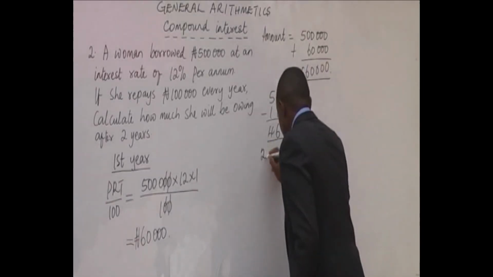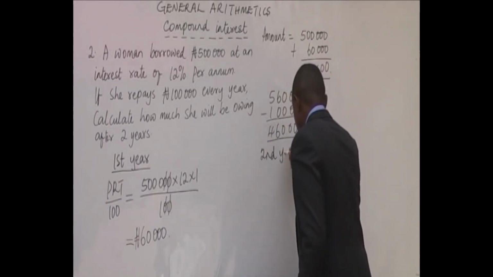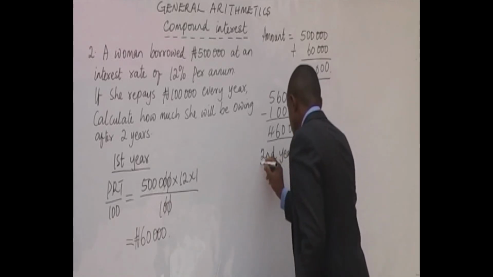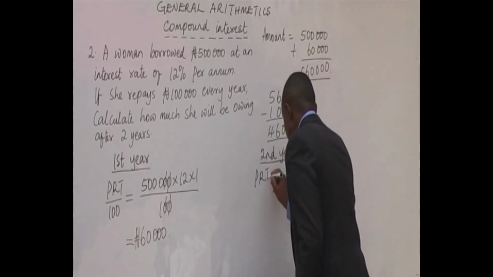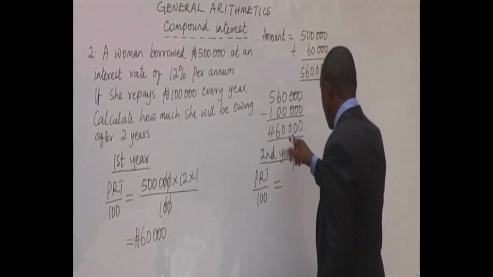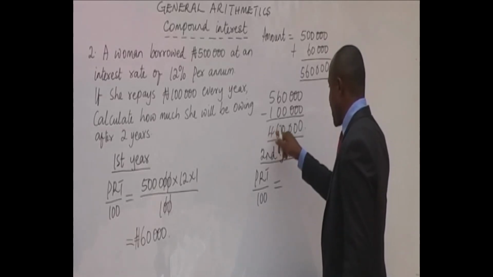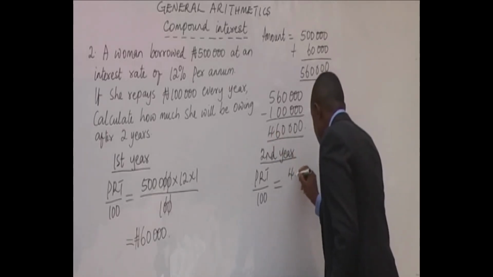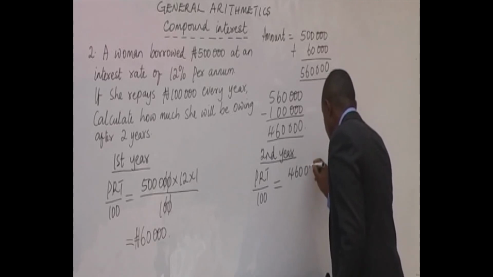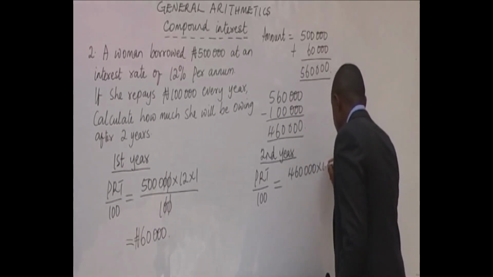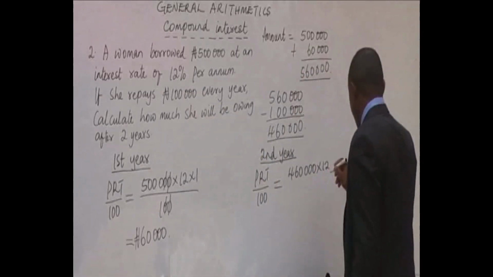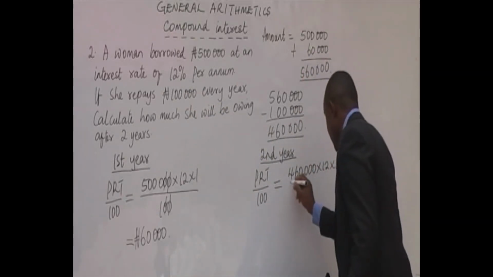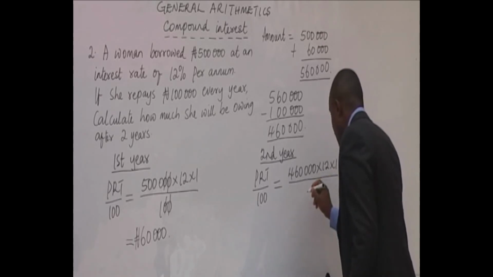So now our second year. Our PRT out of 100 is going to be, the principal is now 460,000, so write it down, 460,000 times the same rate of 12% times 1 out of 100.